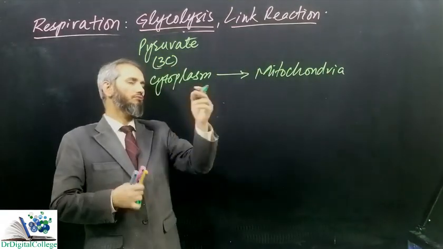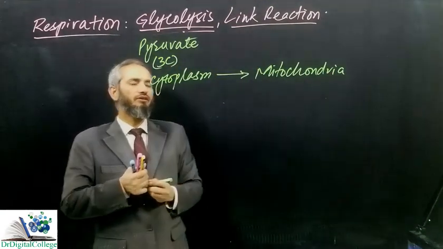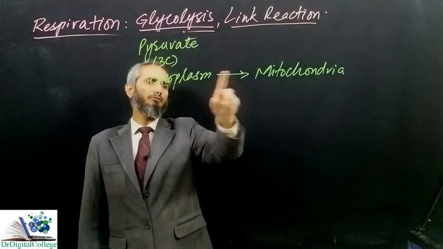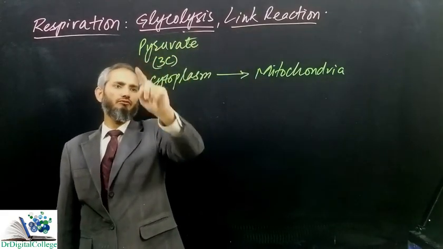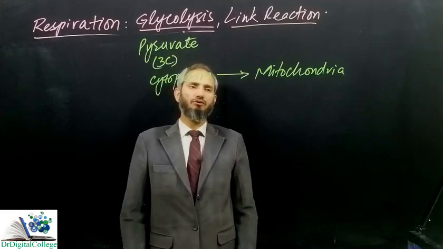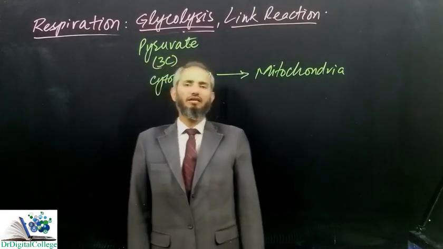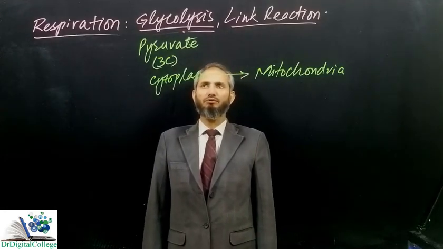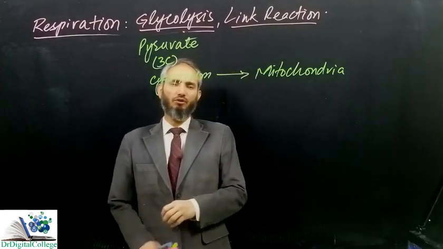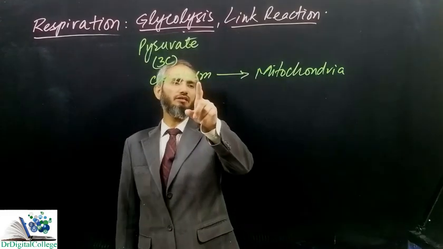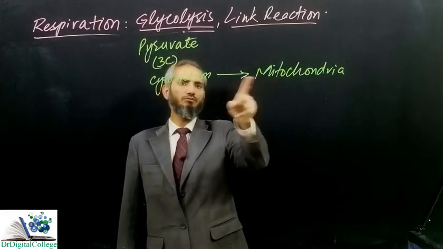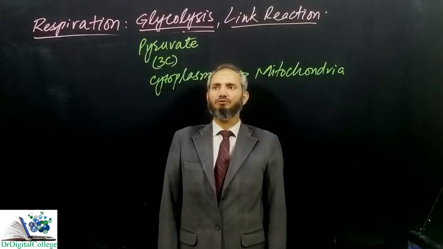Here there is the use of ATP energy for the movement of pyruvate from cytoplasm to mitochondria. This is one of the reasons why 38 ATP moles are not produced by the oxidation of 1 mole of glucose, because energy in the form of ATP is consumed for such transports.